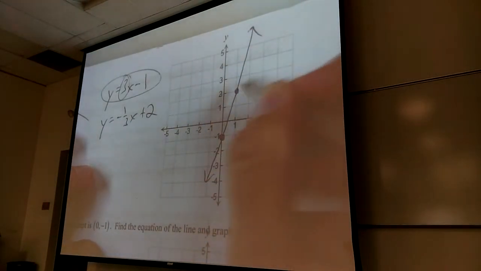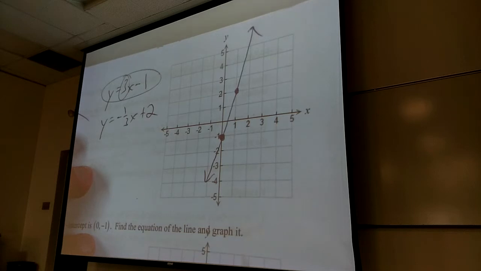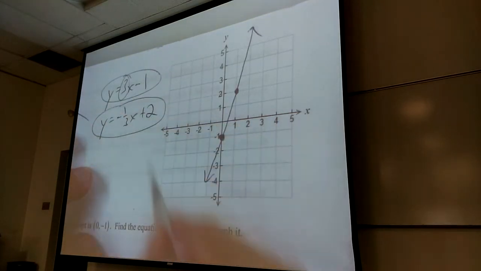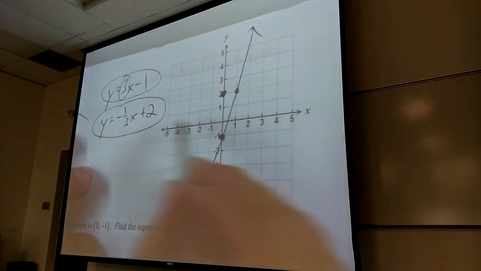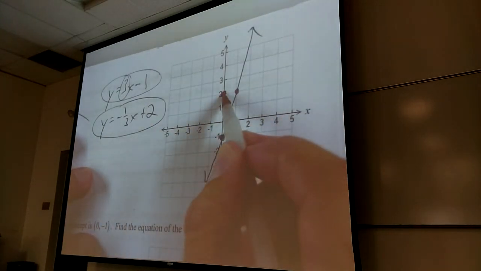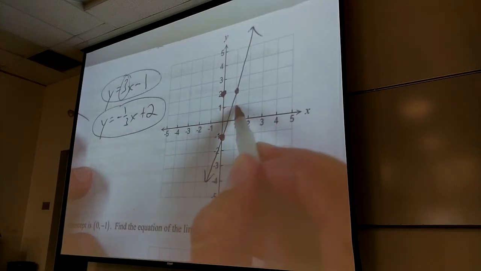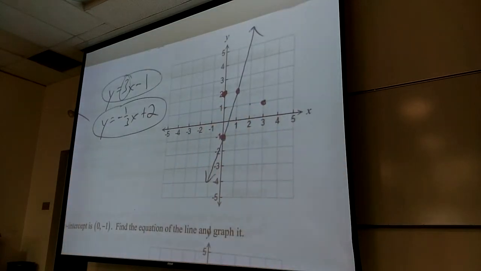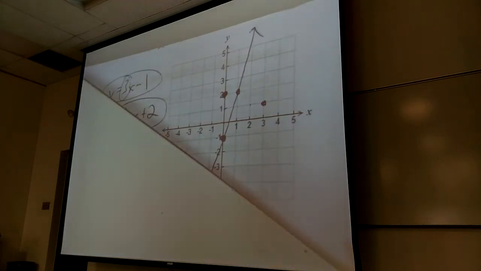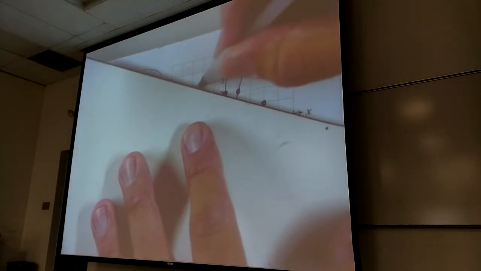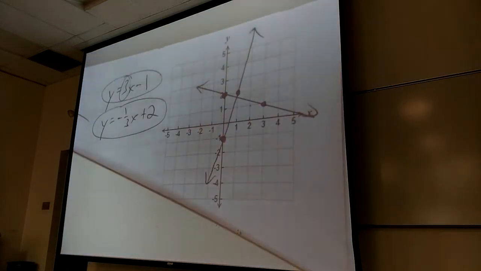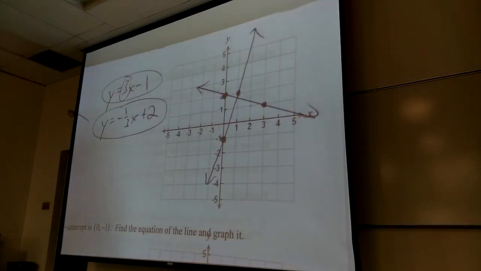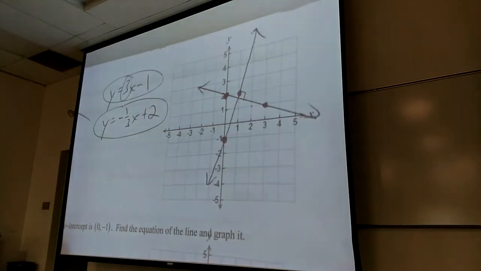What do I know about this line here? It starts at (0, 2), and I go down 1 over 3. So that one would be like this. So that does sort of look like it could be 90 degrees.